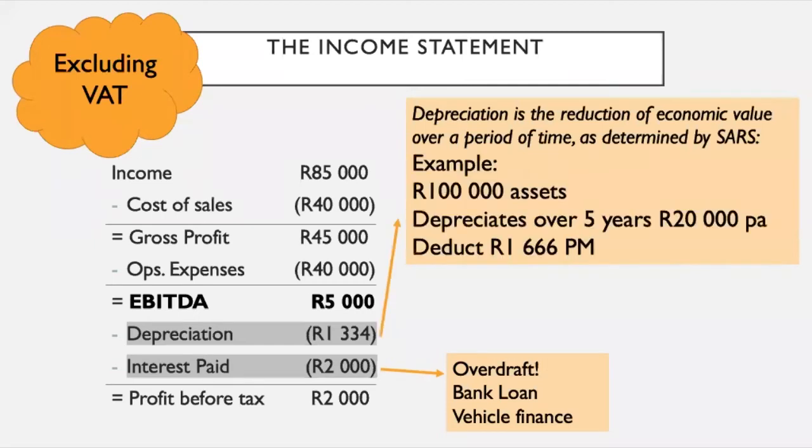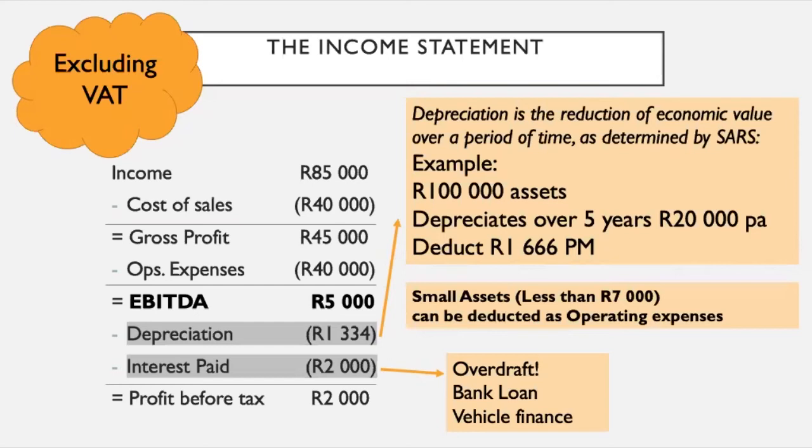Okay, so as an example, if you had 100,000 Rand worth of assets in your business, and the assets depreciate over 5 years, that's 20,000 Rand a year. So monthly, you'll be able to deduct 1,666 Rand per month as a tax deductible expense. Okay, so I just wanted to, sorry, I should have fixed up this number to be the same as that number, but just as an example.